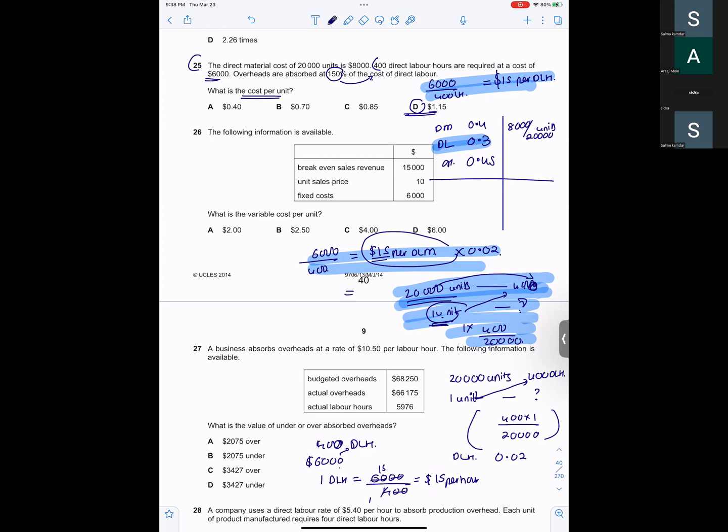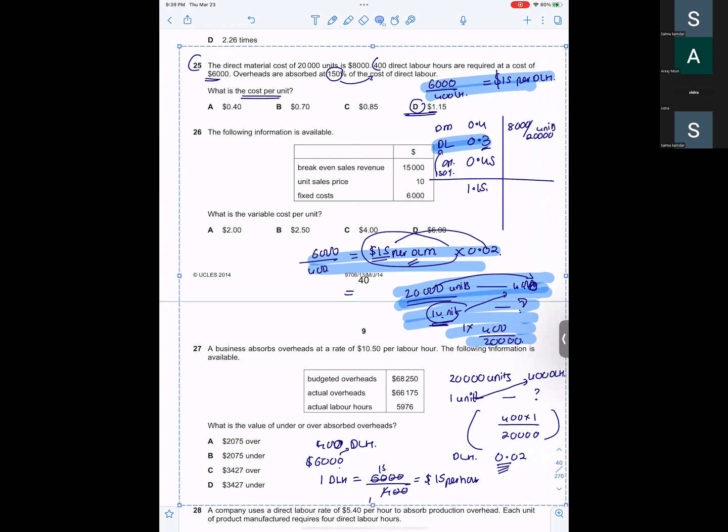Now to make 1 unit, you need 0.02 hours, and you are going to pay $15 per direct labor hour. So you multiply this into this. So direct labor is 0.3 and overheads is 150% of the direct labor cost. So the total is 1.15. Are you with me?